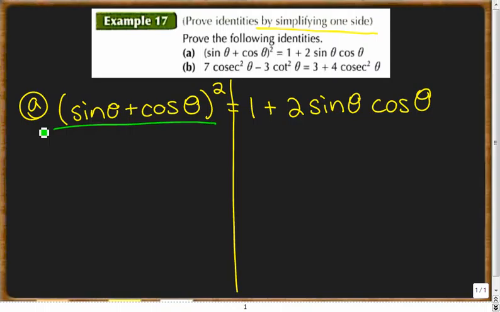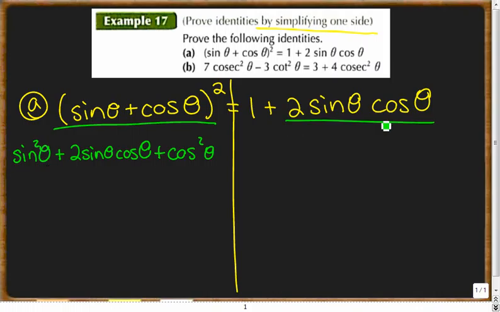I know that what's going to happen is I'm going to get the sine squared of theta, so I put the 2 over the sine, plus 2 sine of theta cosine of theta, plus the cosine squared of theta. And the middle term is 2 sine cosine.